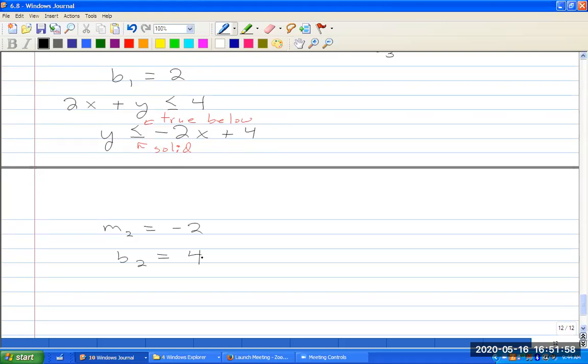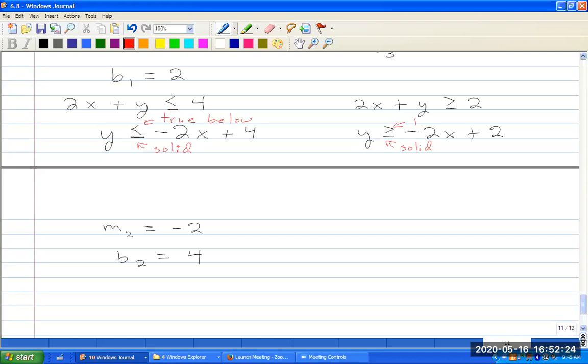And then the other one is the same, but it had a 2 in it. So 2x plus y greater than or equal to 2. So that says that y is greater than or equal to -2x plus 2. So again, this is solid.